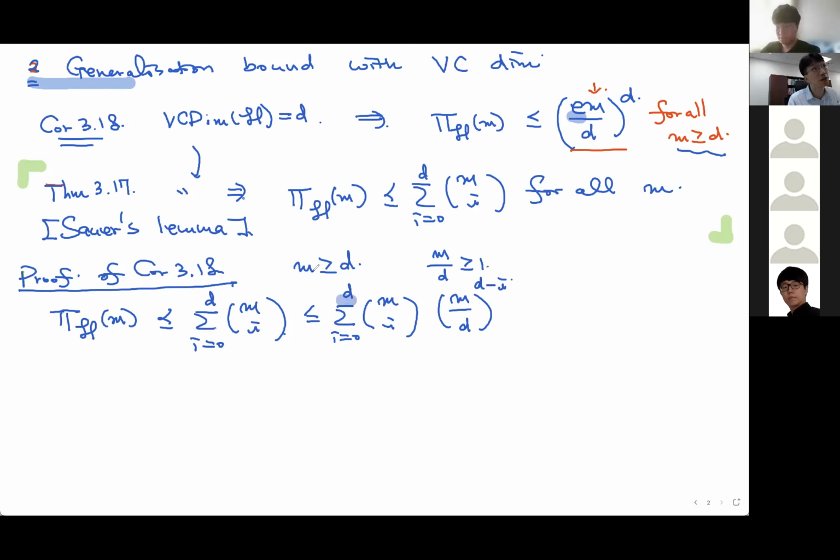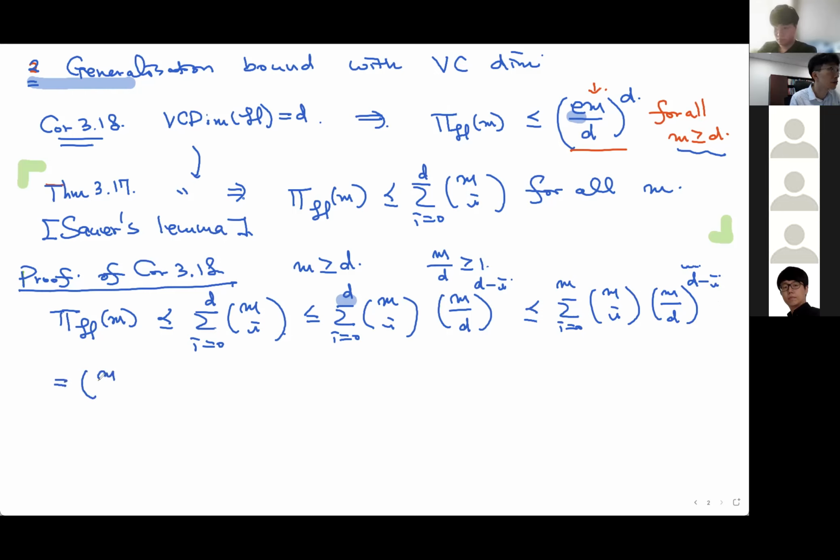D is smaller than m, so by increasing d to m in the upper limit, we can make the sum larger. That's the sum from 0 to m. Then we take out the d part and leave the minus i part.